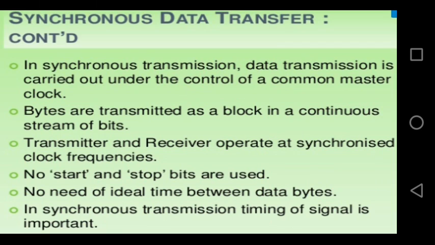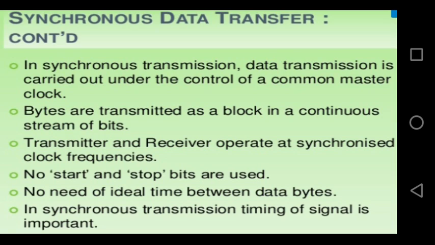Remember it is a serial communication, so we have to send bit by bit. How are they sent? As a continuous stream of bits. Because if you want to send 1 byte, you need to send 8 bits. These 8 bits are called one block. Transmitter and receiver operate at synchronized clock frequencies.